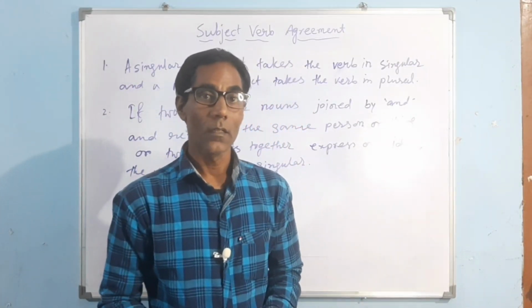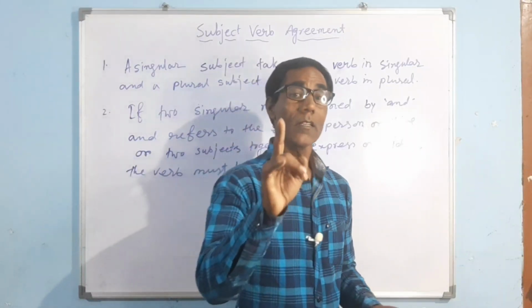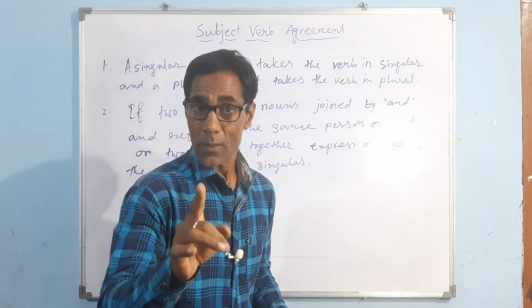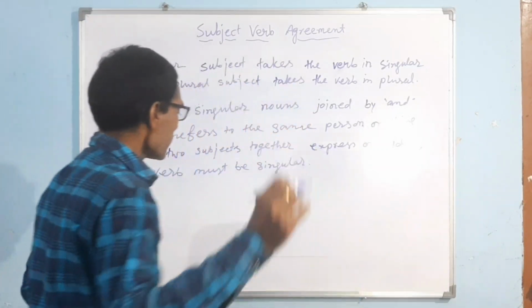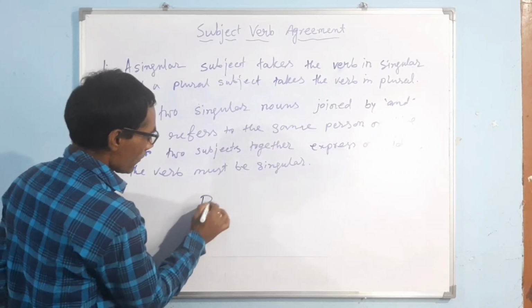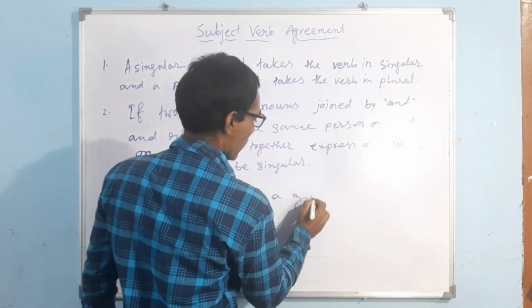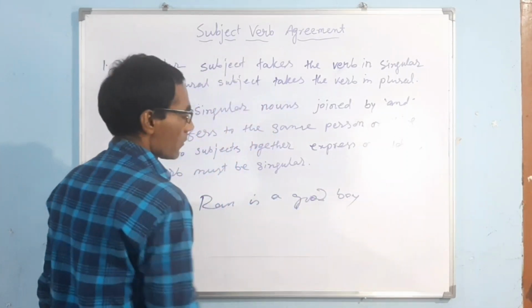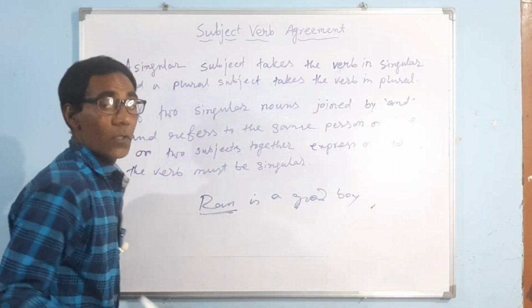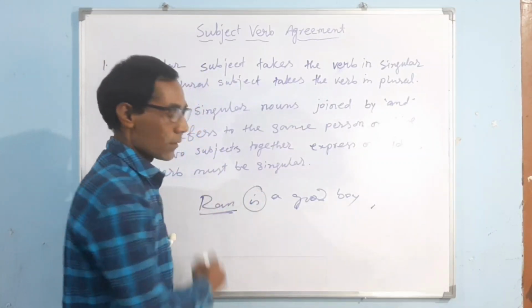What does it mean? A singular subject takes the verb in singular and a plural subject takes the verb in plural. Let's see. Ram is a good boy. Ram, a singular subject, one boy's name, therefore is.